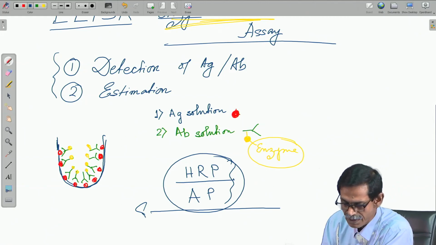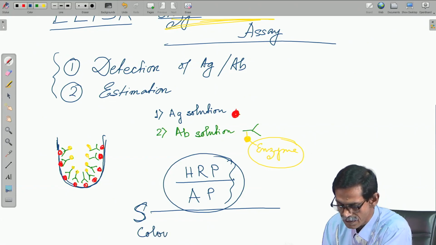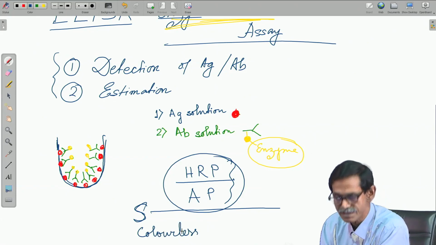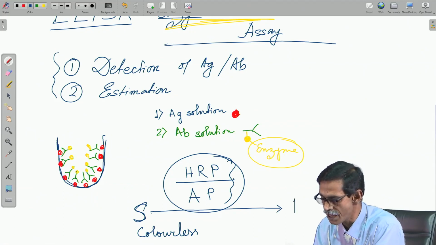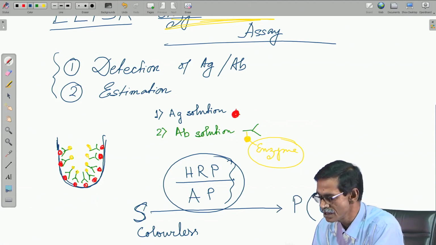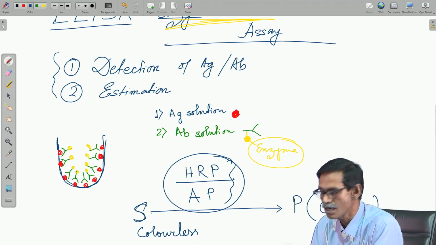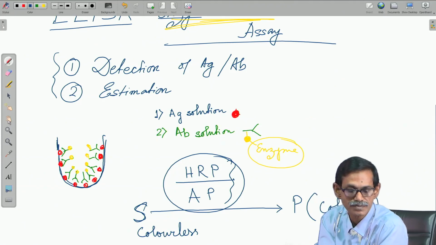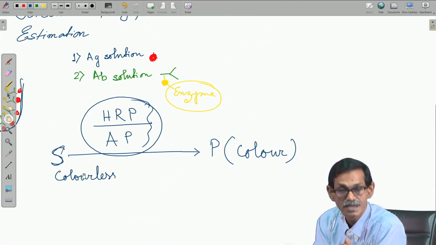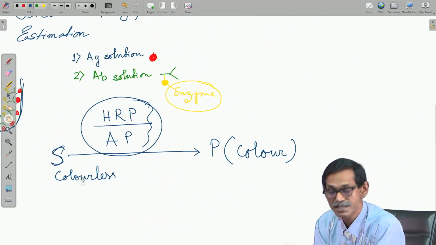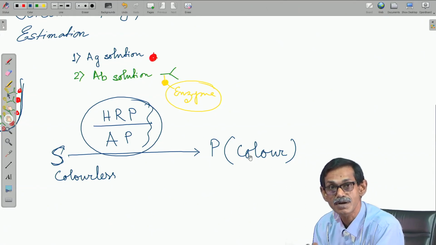This enzyme has a substrate which is colorless, but it can give a product which is colored. So, they have a colorless substrate, but their product is colorful.